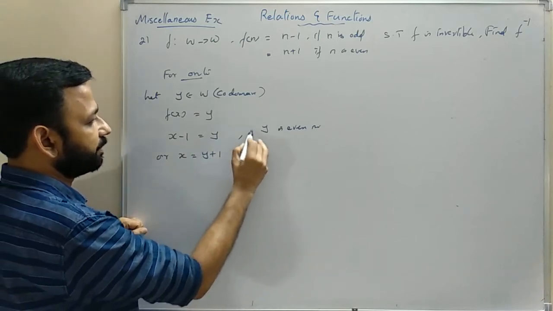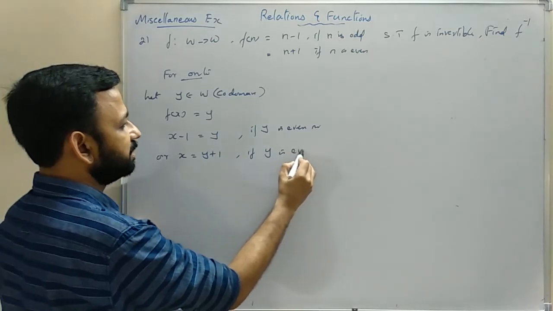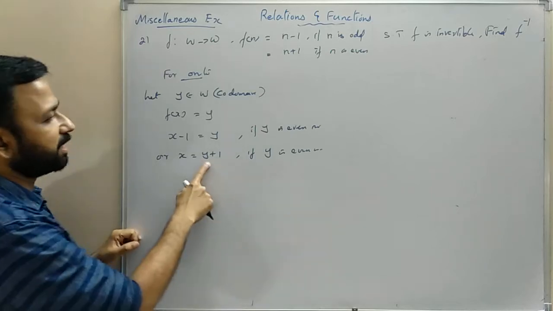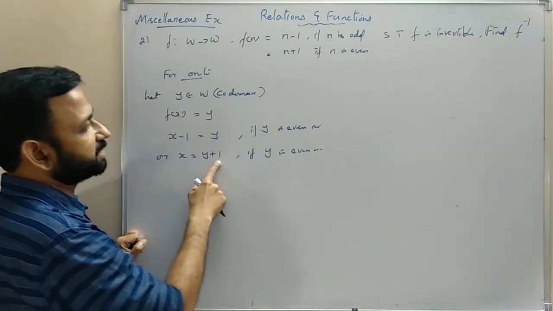If y is an even number, then y plus 1 is an odd number.